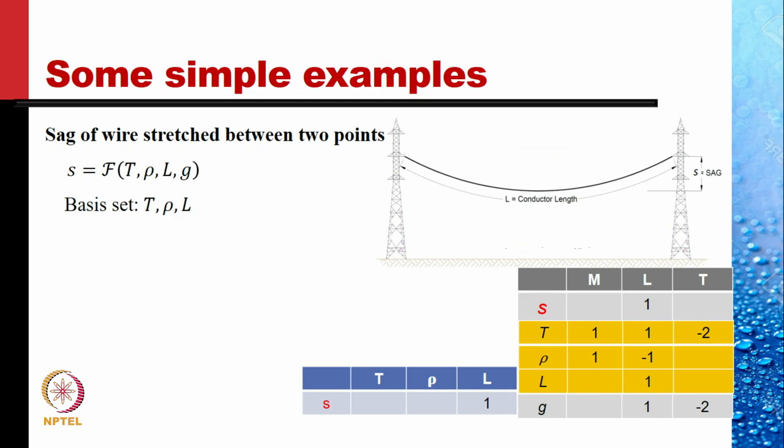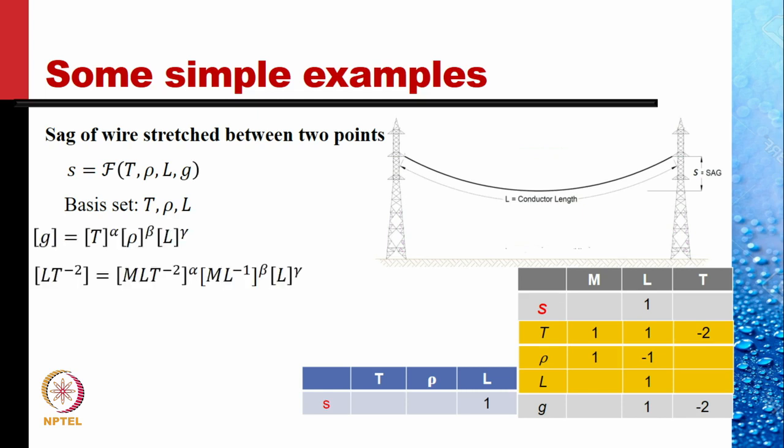And then we have to form the dimensions of G. G, we write as T raised to power alpha, rho raised to power beta, and L raised to power gamma in terms of the basic set. G has a dimension of L T minus 2. T is a tension here, not the time. Tension has a dimension of M1 L1 T minus 2, so M L T minus 2 raised to power alpha.